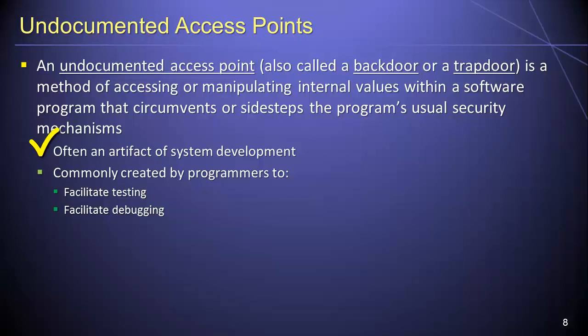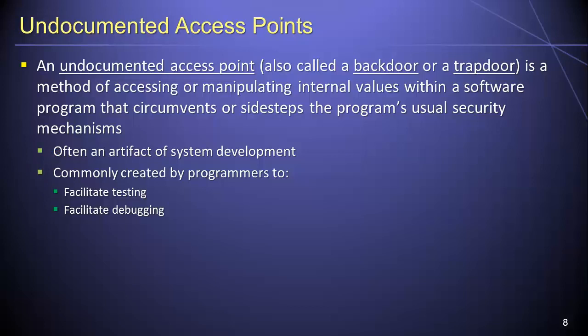Undocumented access points are often artifacts of the system development process. It is quite common for programmers to create these backdoors in order to facilitate the testing or debugging of the program while it is still under development.